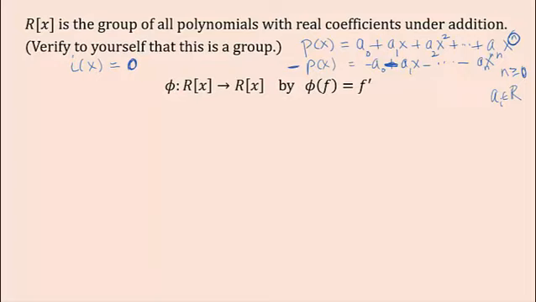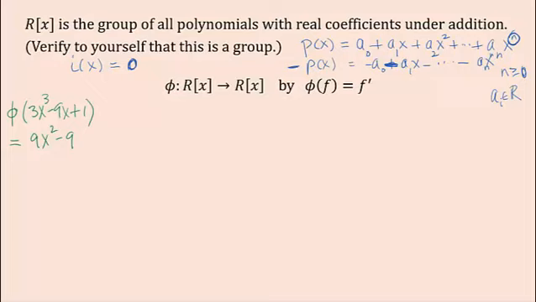Just look at a quick example. If we have phi of 3x cubed minus 9x plus 1, that's just going to map to its derivative, 9x squared minus 9. So it just simply maps a polynomial to its derivative.